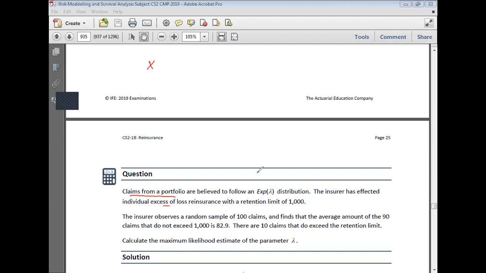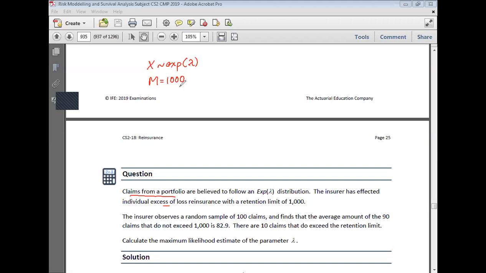And I know that my x then follows exponential with lambda as the parameter. So this is one bit of ingredient from the question itself. Now, what does the other bit of the question say? In the next line, they have told us about the retention limit that is 1000. So our M is equal to 1000.